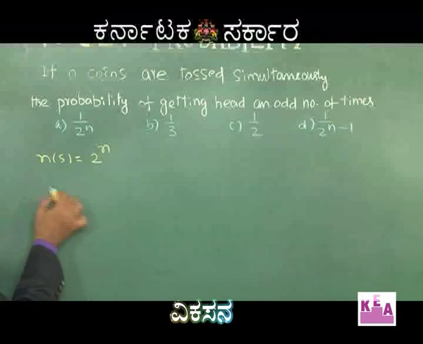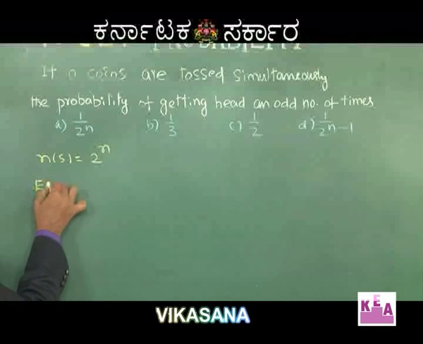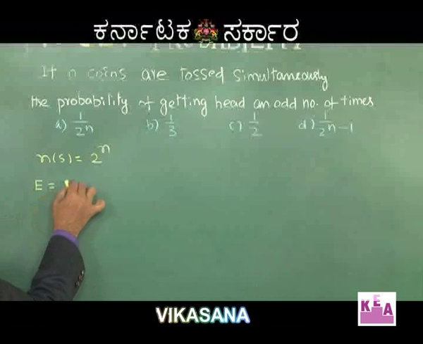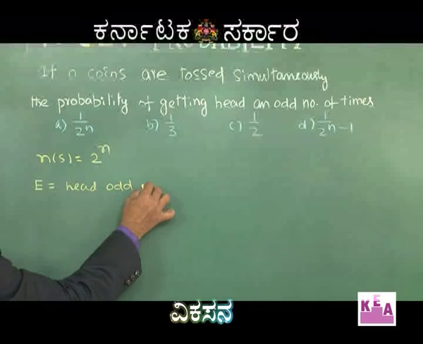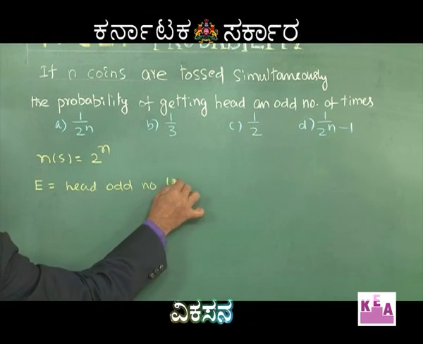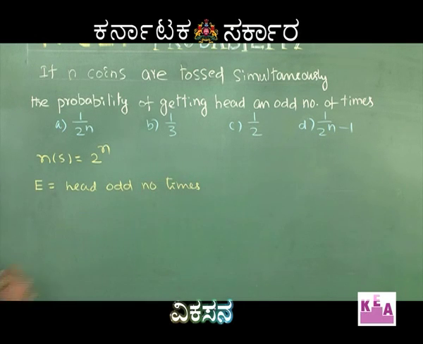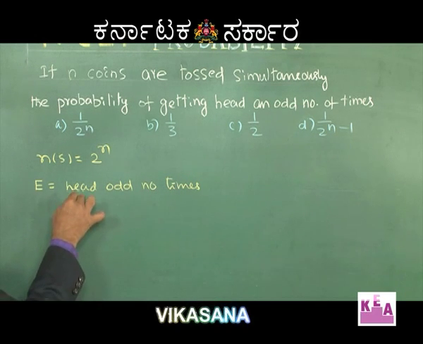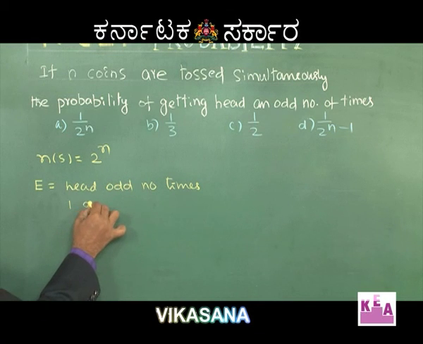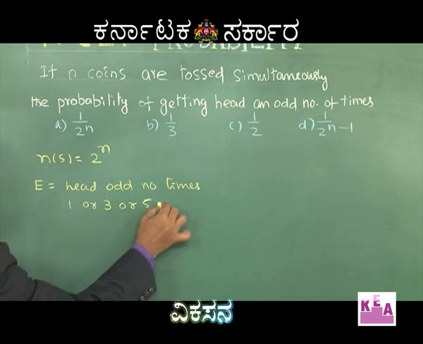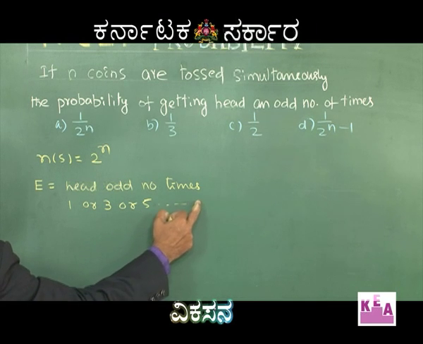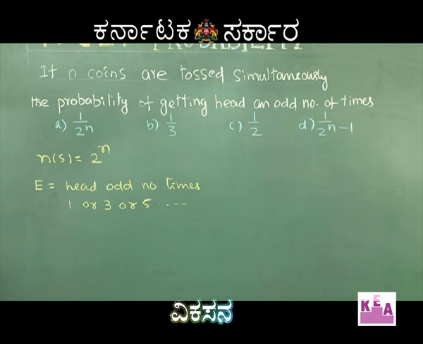Now I will write what is the event. The event is getting head an odd number of times. Getting head an odd number of times means I can have 1 head or 3 heads or 5 heads, and so on to any odd number of heads.